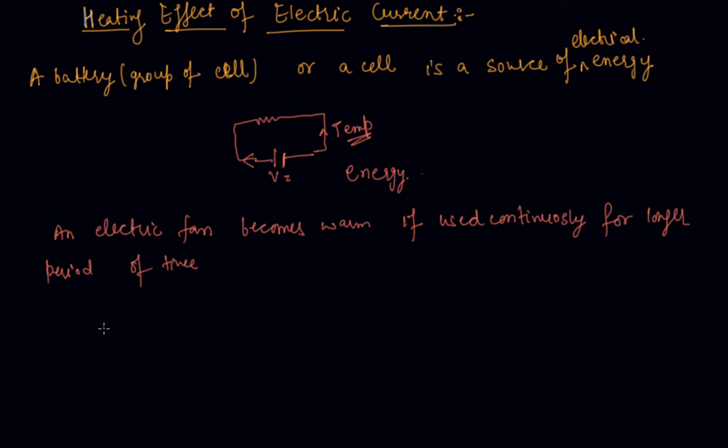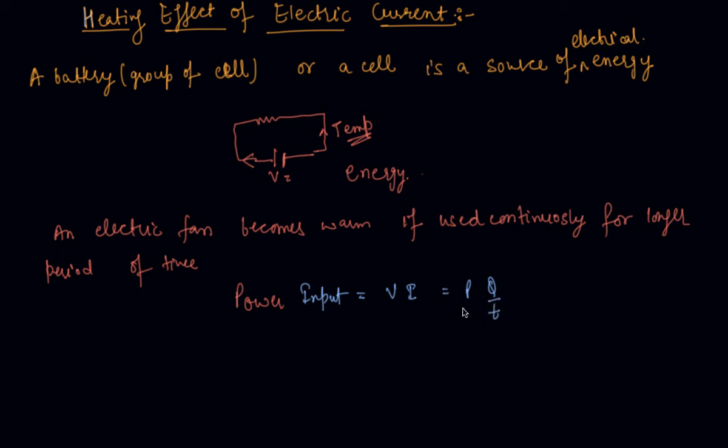So how can we find out the heat energy produced by the appliance? As we know, the power input to the circuit will be V into I. The power is VI, where I is Q by T also.